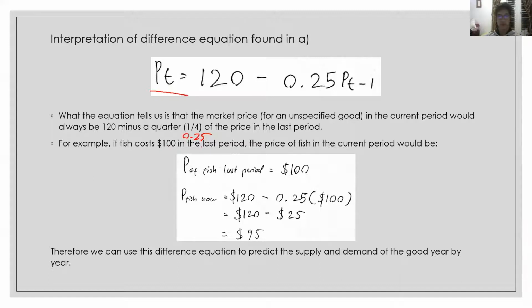If a fish costs 100 in the last period, the price of the fish in the current period would be as follows. Let's pretend that 100 is P1. So the price of fish now, which is P2, is going to be 120 minus 0.25 times 100, and we can solve that and get 95. Therefore, we can use this difference equation to predict the supply and demand of the good year by year, as well as, of course, the price.